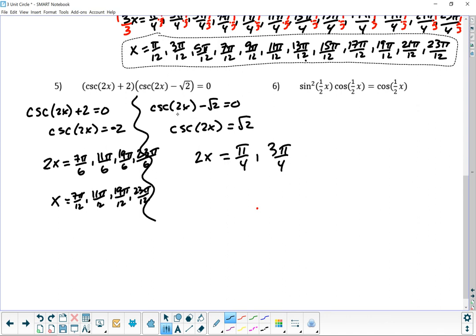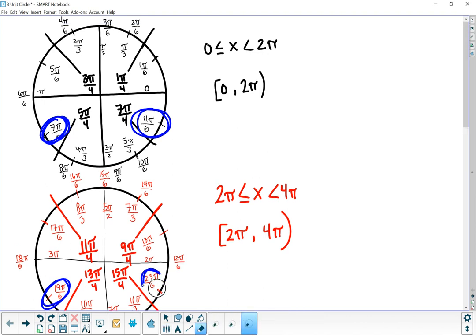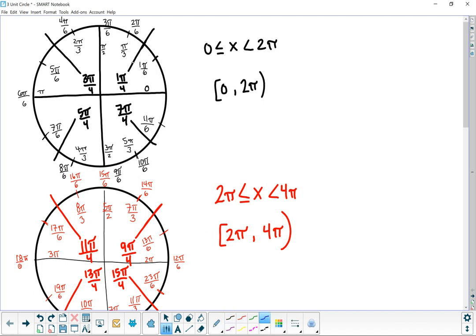Okay. And again, this is 2x, so that means that I need to look at the second unit circle also. So if my answer shows up at pi over 4, 3 pi over 4, that means here and here. That means for the next round, it should be here and here, which is 9 pi over 4 and 11 pi over 4.